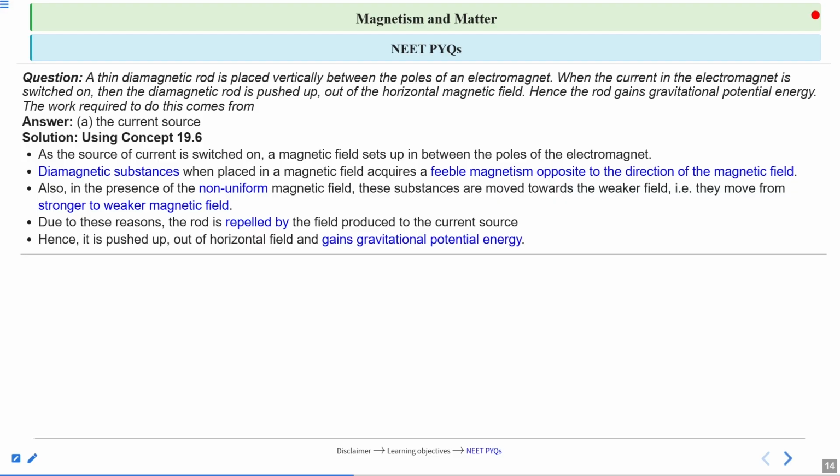Current flowing through a solenoid or electromagnet generates a magnetic field, and due to this field the rod is pushed up out of the horizontal field and gains gravitational potential energy. So the current source is the main reason the rod is pushed up, and the work is done by the current source.